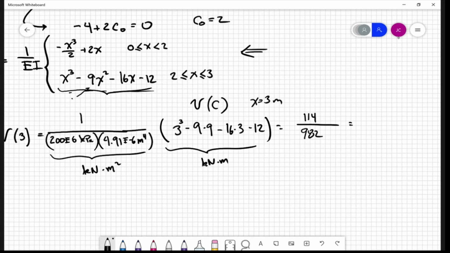And that gives me, or actually, I get a negative here, right? So I'll get negative 0.116 meters, right? And so that's the deflection at point C.